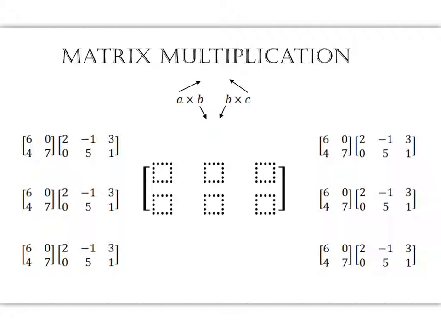So in order for me to be able to multiply, the columns of the first matrix have to be the same as the number of rows in the second matrix. So these must be the same to multiply. Sorry, I'm using a new stylus.